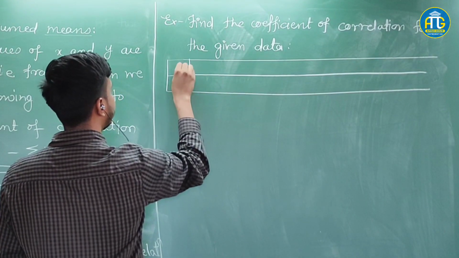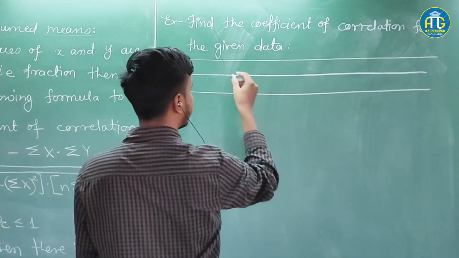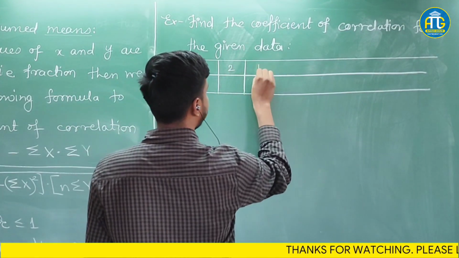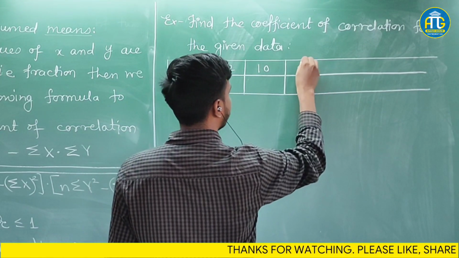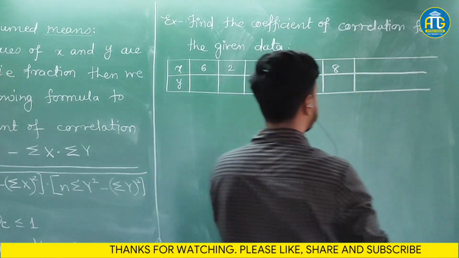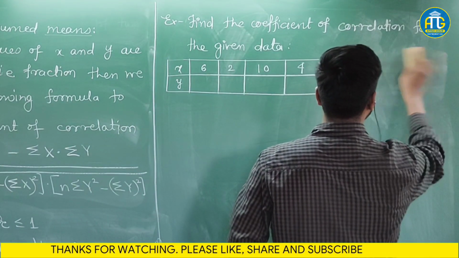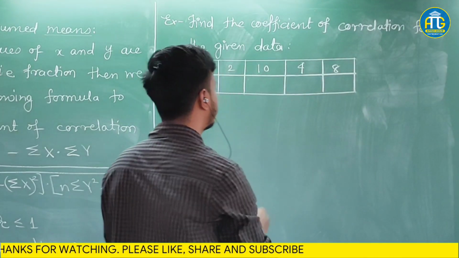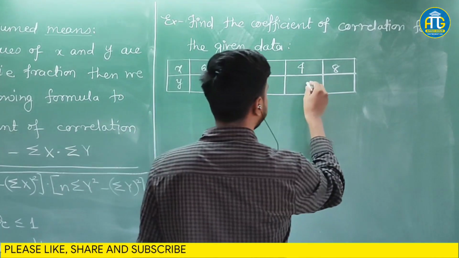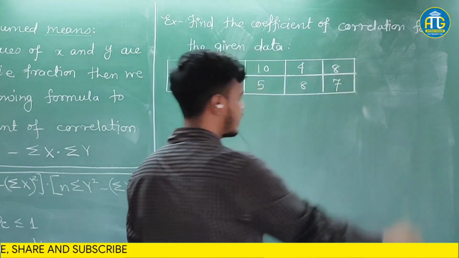Here we have x and y. Values of x are 6, 2, 10, 4, 8, and corresponding values of y are 9, 11, 5, 8, 7.